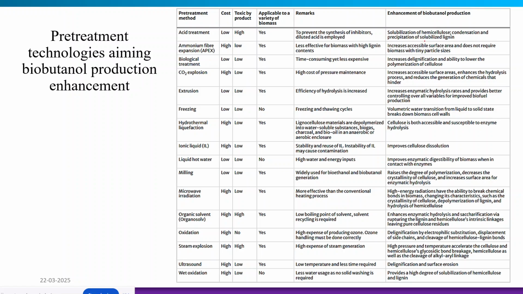Now we will be discussing how we can enhance the biobutanol production through the different pretreatment technologies available. So depending on the biomass feedstock characteristics, we have to choose the appropriate pretreatment method to enhance the biobutanol production, right?